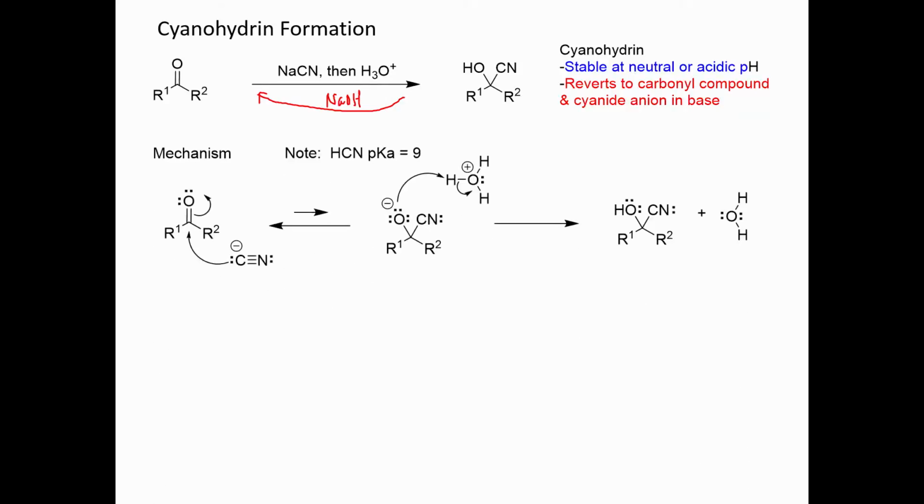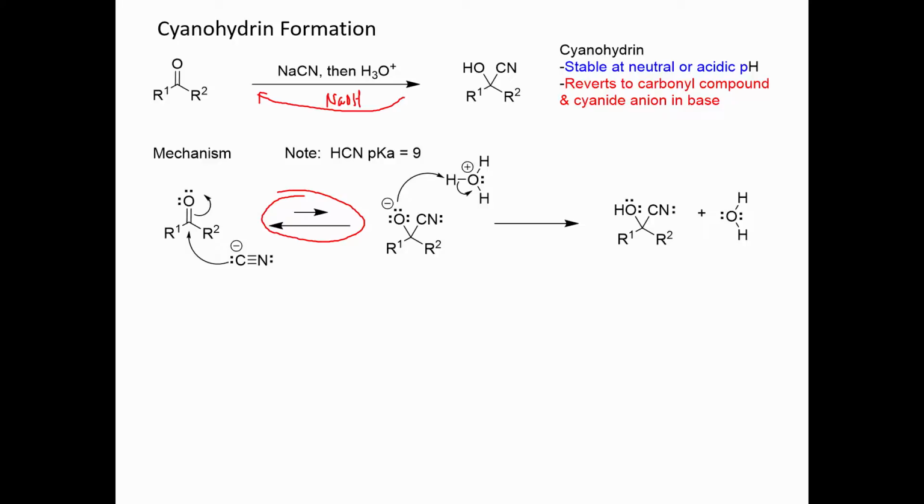carbonyl group. All right, so the mechanism involves reversible addition of cyanide to the carbonyl group. Okay, and this particular reaction is not favorable. The equilibrium goes to the left, and this is because of the pKa difference between cyanide and alkoxide.